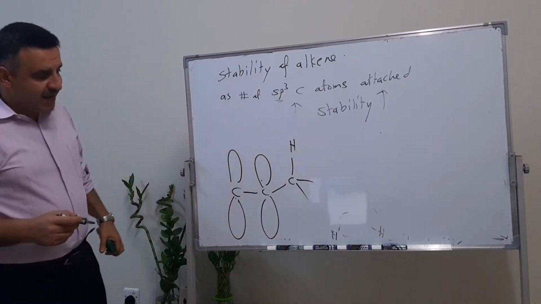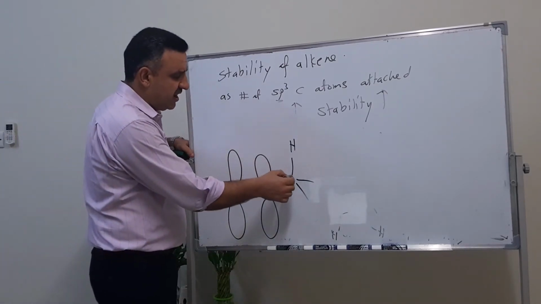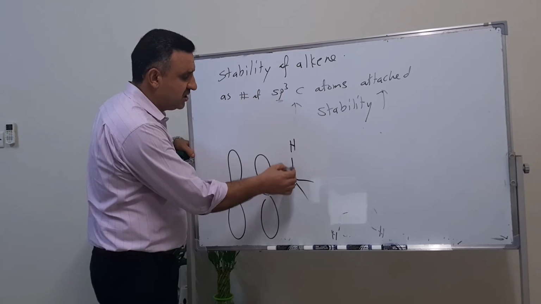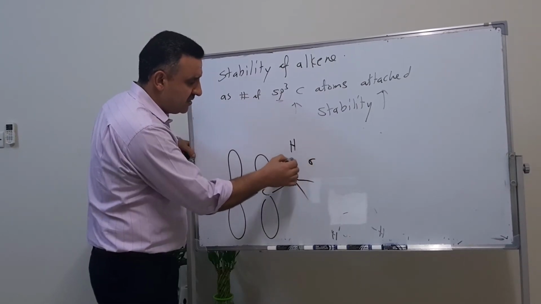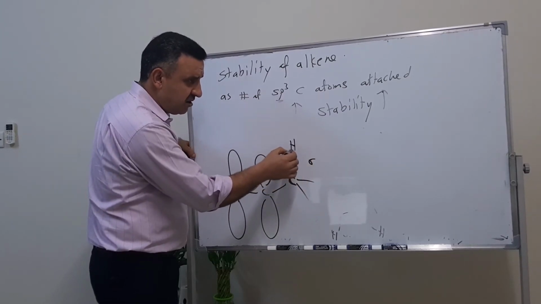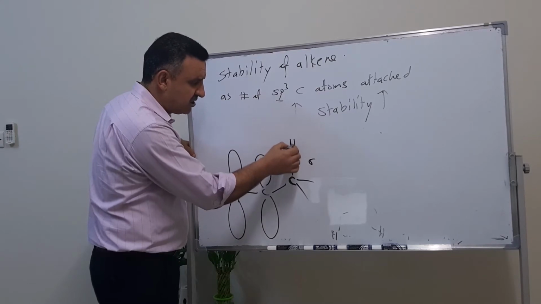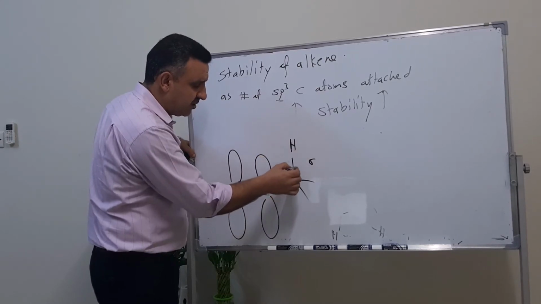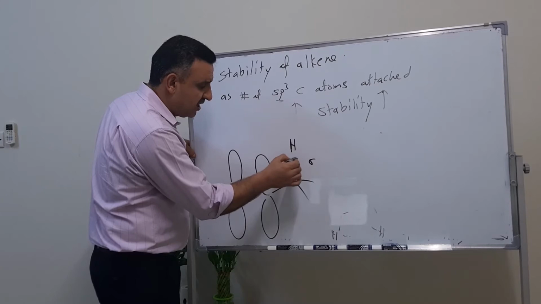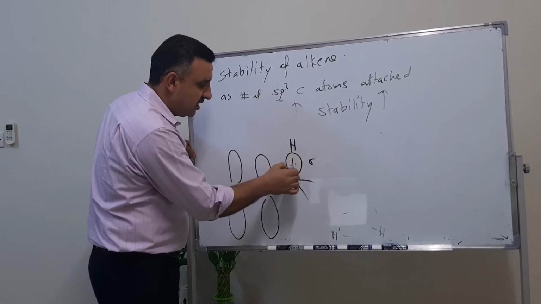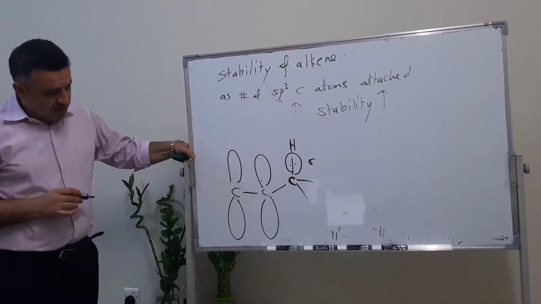You follow me? Now you can see between the carbon and the hydrogen, this is a sigma bond made by the sharing of the electron in the s orbital of the hydrogen and the carbon. So here we have 2 electrons in this s orbital.